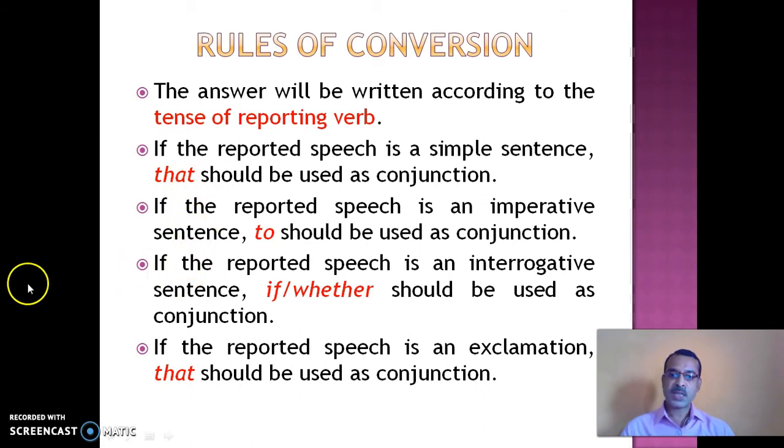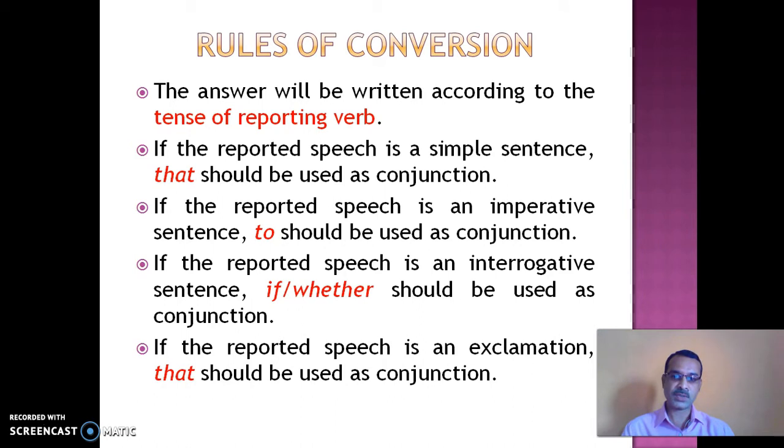Next, if the reported speech is an imperative sentence, in that case we should use the conjunction "to". Imperative sentence means the sentence in the quotation mark starts with the verb.